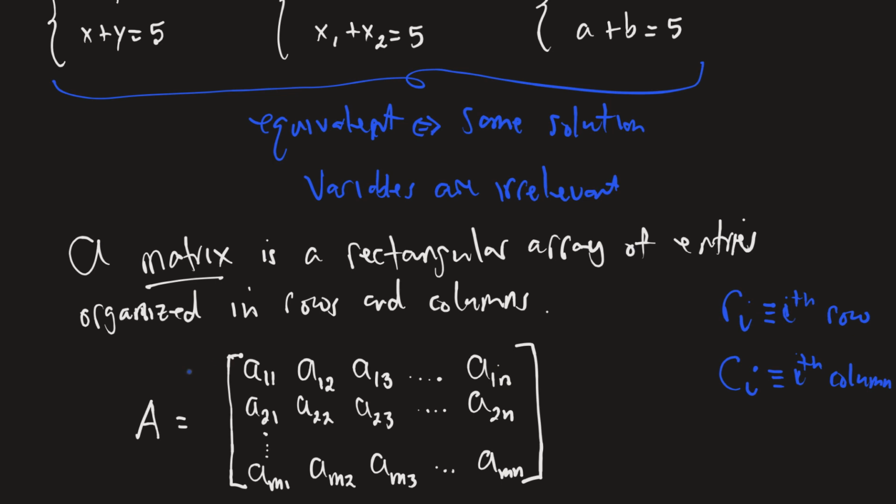So this would be row 1, this would be row 2, and then dot, dot, dot, this would be row m.